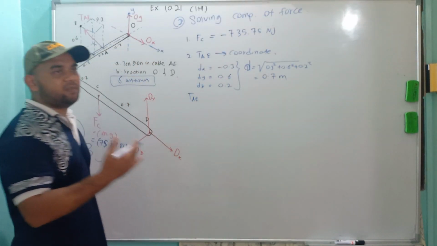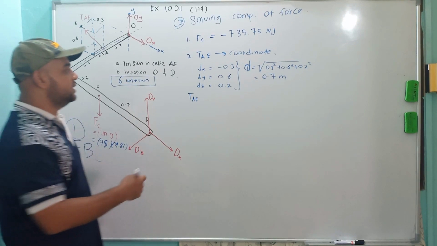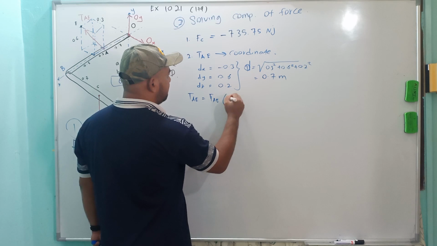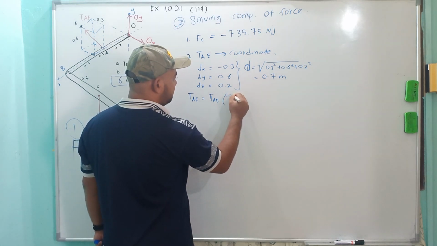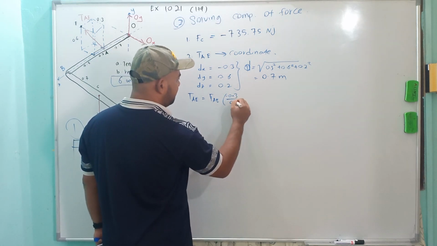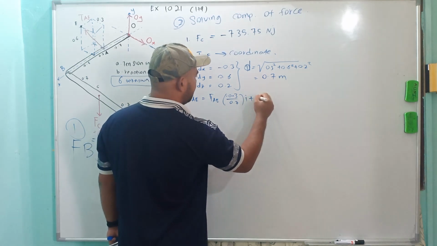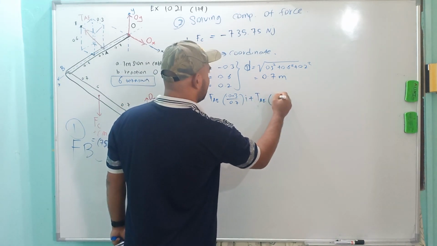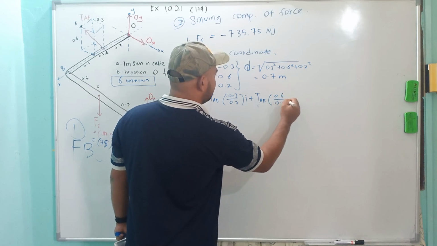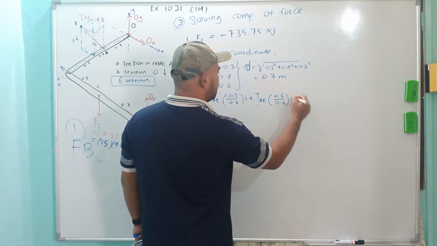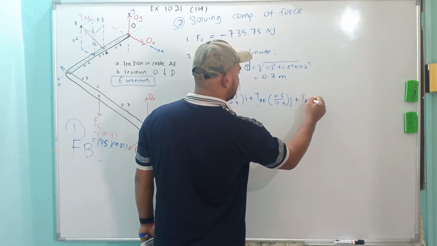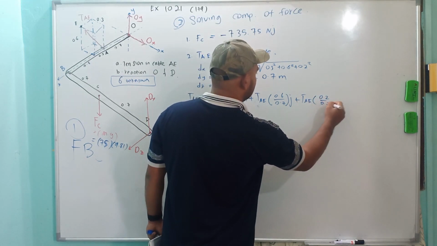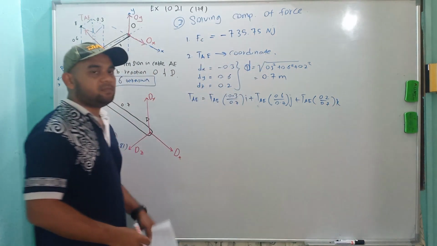So from here you have TAE. You want to transform everything in terms of ijk. So TAE equals TAE dx divided by d i plus TAE dy divided by d j plus TAE dz divided by d k.